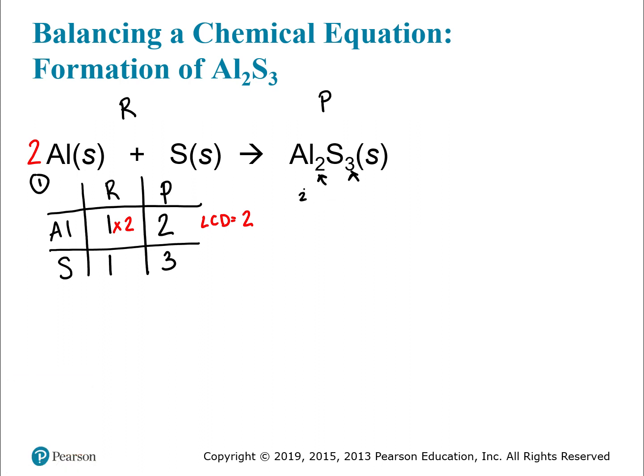Now we do our second little chart, and this will show us what happened after we added that 2. Now you may be saying to yourself, come on, Dr. Hefner, do we really have to do a table for this? Well, probably not for this one.